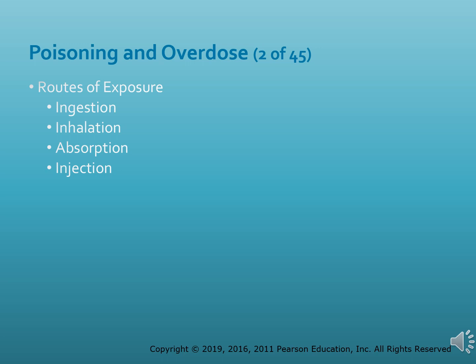So if you're going out to a motor vehicle crash and they happen to have carfentanil or some type of drug out there, you could absorb it into your skin. Chances are you're not going to inject it yourself, but if you have somebody who's combative, they may inject you unintentionally or intentionally, or you might get a needle poke. So just keep in mind, the routes most dangerous to you are probably going to be inhalation and absorption.